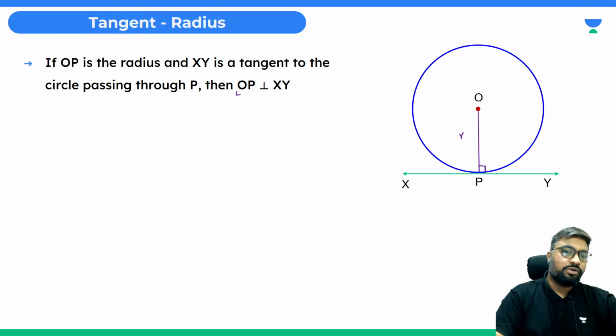OP is going to be perpendicular to XY. Very useful property, it will help in a lot of cases. Tangent and radius are perpendicular. OP is the radius, XY is the tangent.